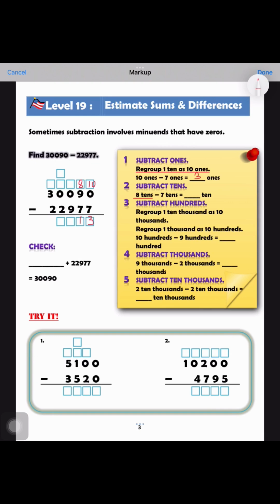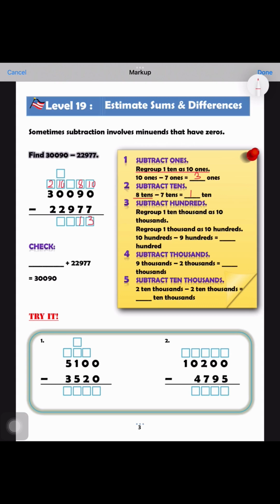And now we need to subtract the hundreds. We first regroup the 10,000s, and regroup 1,000 as 10 hundreds. So 10 hundreds minus 9 hundreds equals 1 hundred. And 9,000 minus 2,000 equals 7,000.